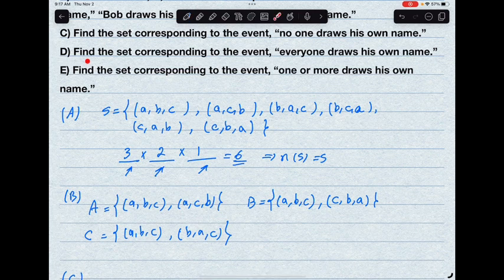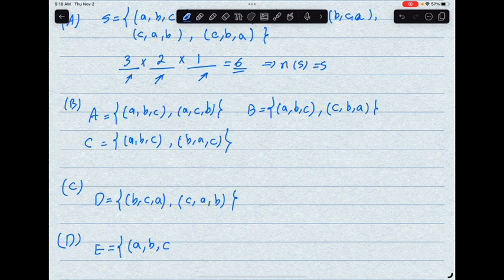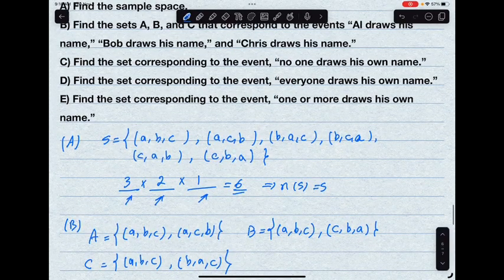Okay, part D says find the set corresponding to the event everyone draws his own name. That's an easy one. So for part D, the event E is: Al draws his name, A, Ben draws his name, B, and Chris draws his, C. So there's just one element, because it says everyone draws his own name.